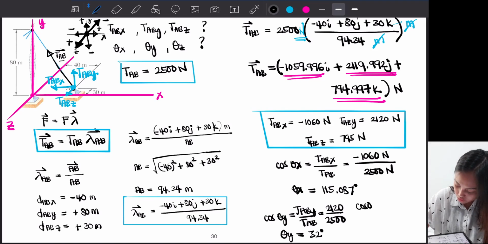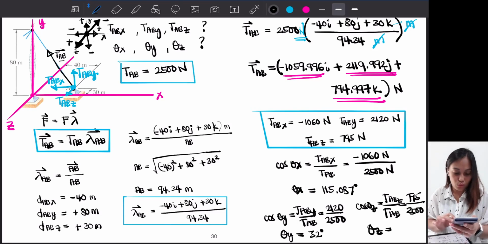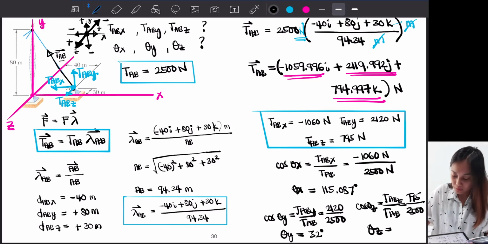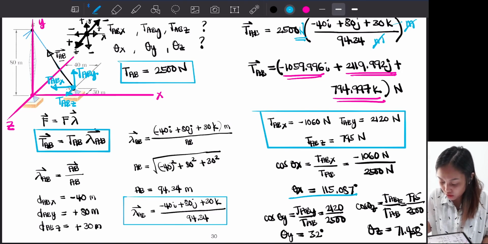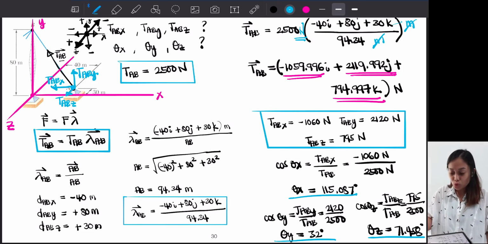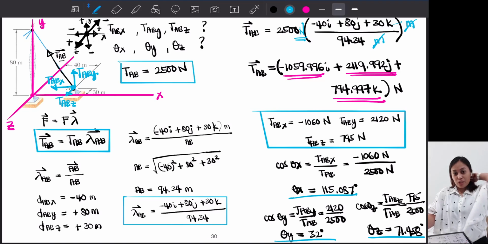And then last is cosine theta z, TAB along z over TAB, 795 over 2500. Theta z therefore is equal to the arc cosine of 795 over 2500, which is 71.458 degrees.